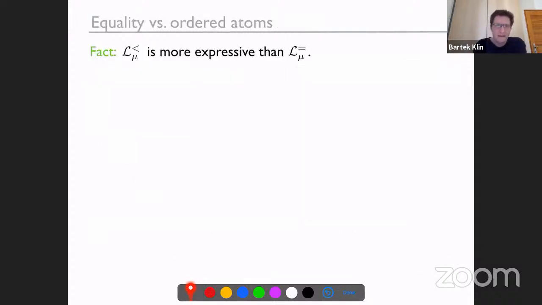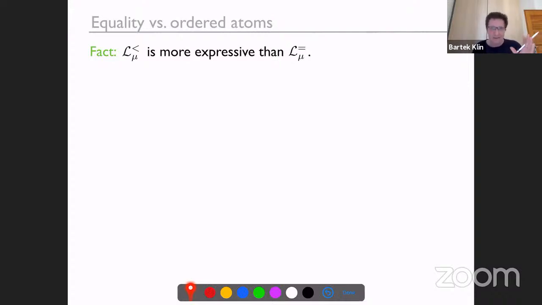Another annoying thing. So now I'm going to speak about annoying things. It is a fact that the mu-calculus with ordered atoms is more expressive than the calculus for equality atoms. And it sounds like a moronic statement because obviously it is, since it concerns a richer class of models, ones that can be defined using order on atoms.